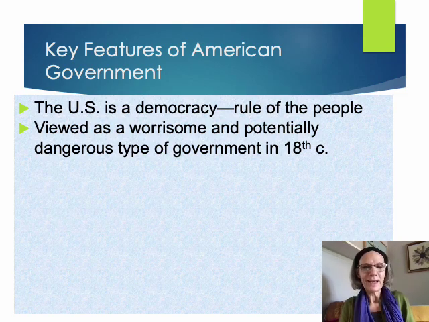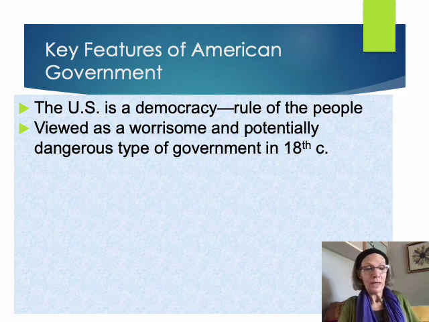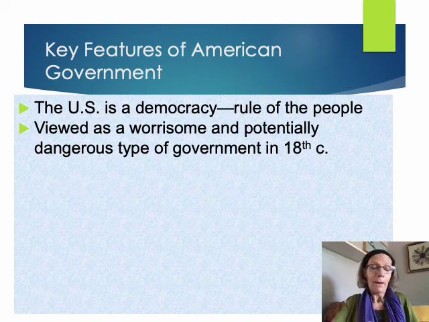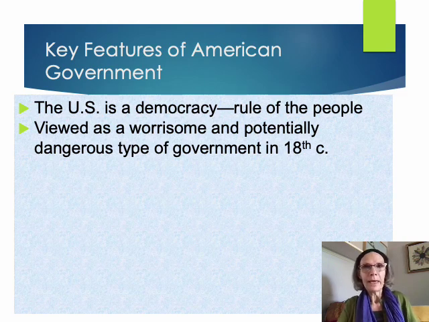The reason is that democracy was basically seen as a worrisome or an unstable form of government. It's one thing to have a royal family that comes through a line of heredity and is basically trained up to be rulers and to know what is appropriate and inappropriate uses of power, right?